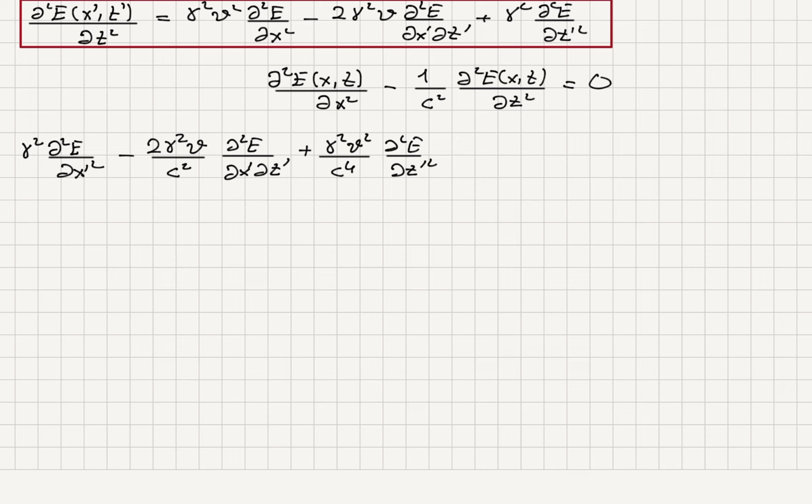So the first term will be minus γ²v² over c².